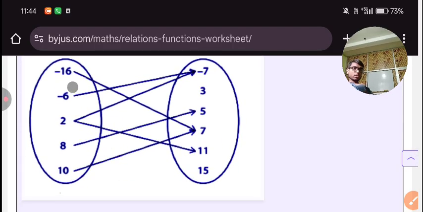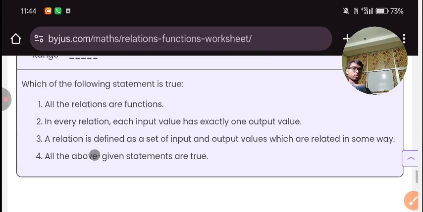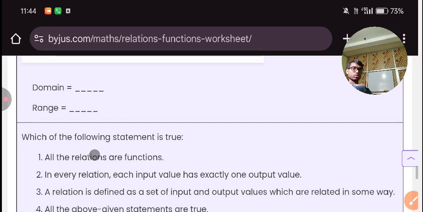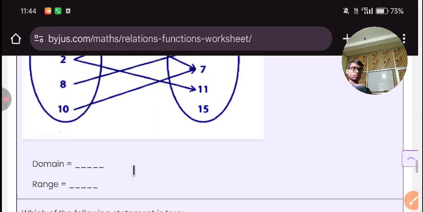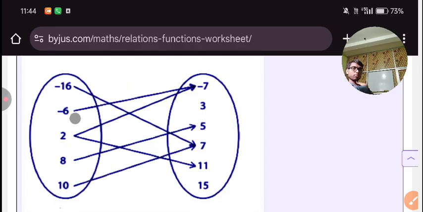Suppose (-16, 7), (-6, -7), (2, -7), (2, 11), (8, 5), (10, 7).